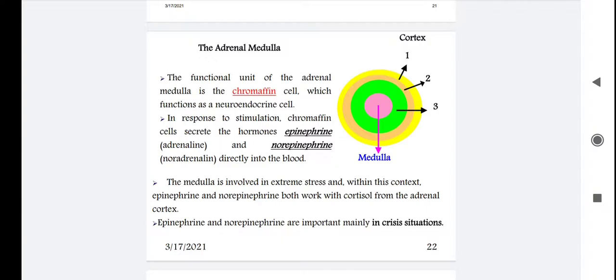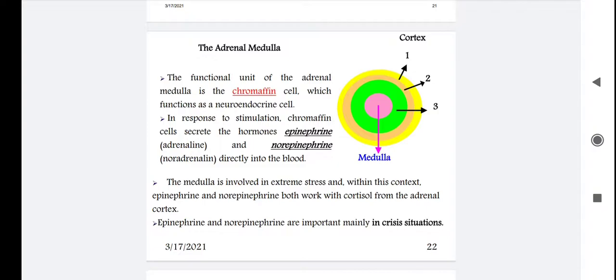The functional unit of the adrenal medulla is the chromaffin cell, which functions as a neuroendocrine cell. In response to stimulation, chromaffin cells secrete the hormones epinephrine, adrenaline, and norepinephrine, noradrenaline, directly into the bloodstream.